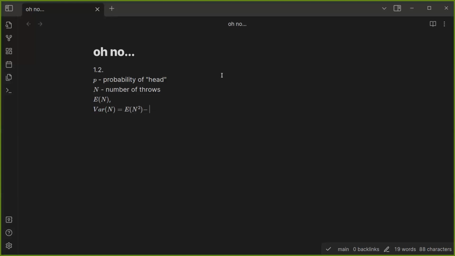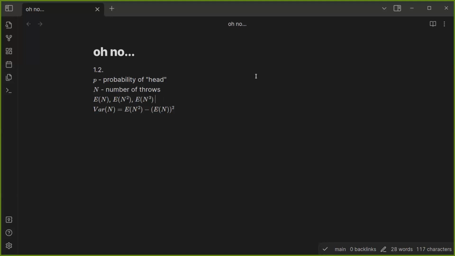Minus the expected value of n, but you should square the entire result. Hence to find the variance, it is sufficient to find the expected value of n squared. And in the text of the problem, we need also to find the expected value of n cubed.